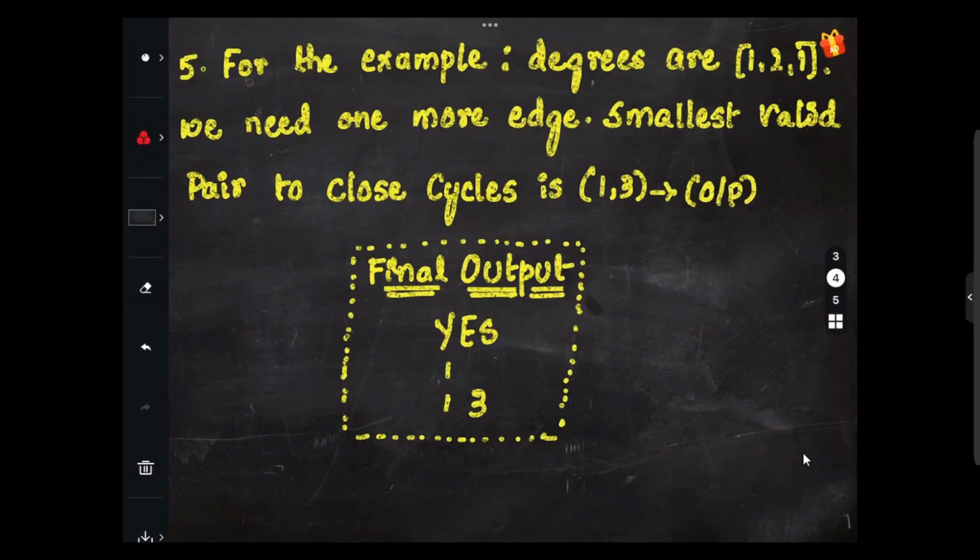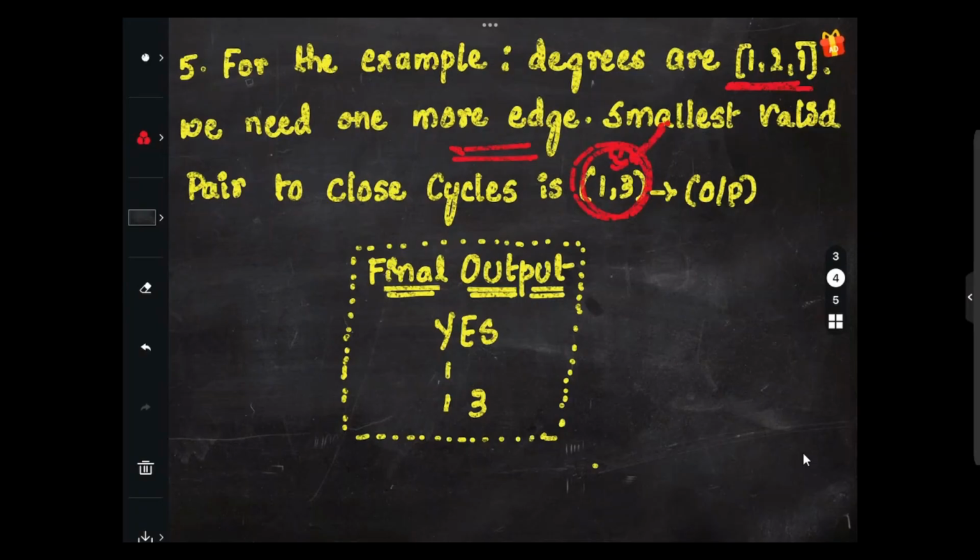One more thing, they have mentioned in the question that the graph may be either directed or undirected. So the degrees for this are 1 2 1. We need one more edge. The smallest valid pair to close the cycle is 1 comma 3. You can check the graph that I had drawn earlier. So the smallest valid pair to close the cycle is 1 comma 3.